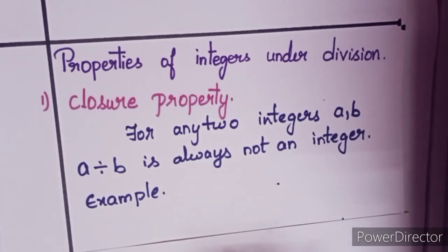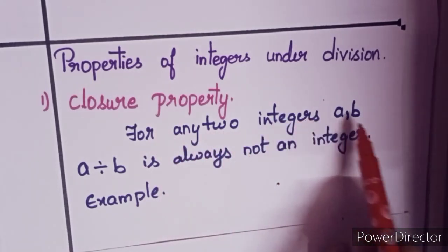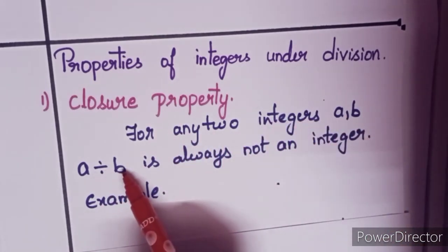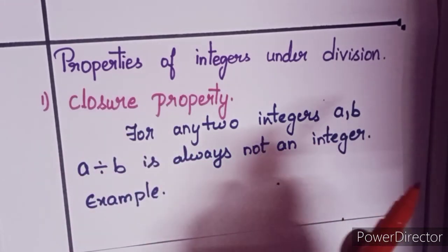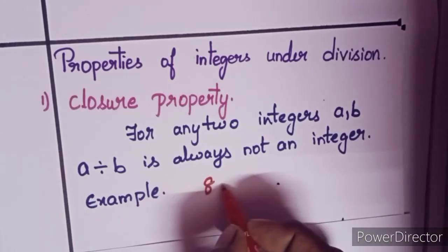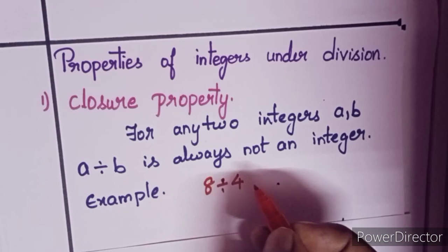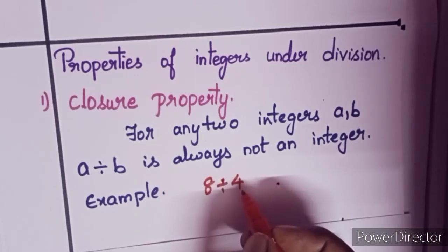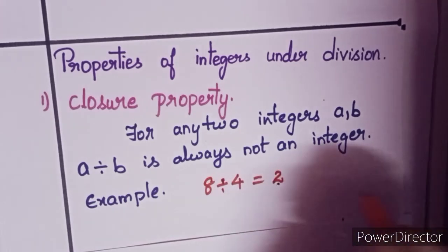Properties of integers under division, children. First one is the closure property. For any two integers a, b, a divided by b is not always an integer. For example, let us take 8 divided by 4, first the bigger with the smaller. We get 2.